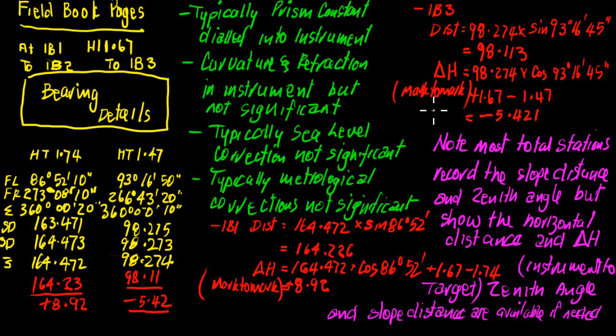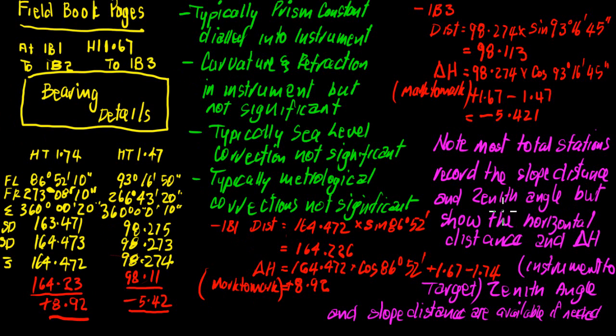Note that most total stations record the slope distance and zenith angle, but they show the horizontal distance and delta H, so you're able to read these horizontal distances and the differences in height directly from the instrument. So a lot of this stuff is done, although be aware that there are various corrections that are applied.